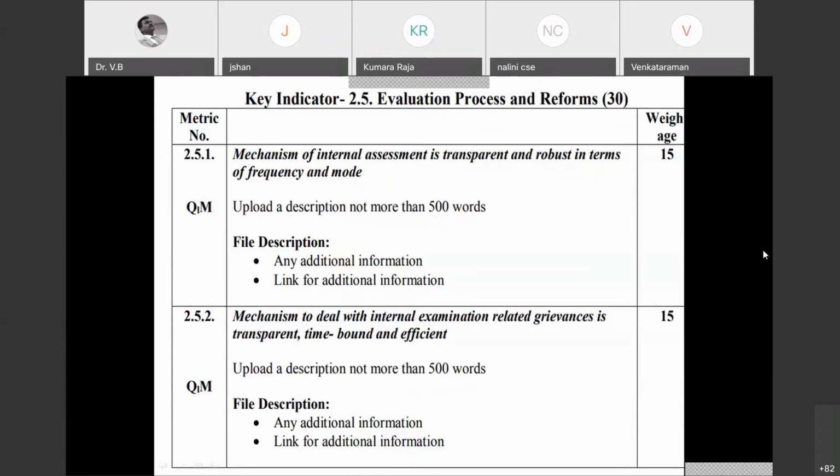And if the grievance has been addressed and the student is now convinced that the evaluation process was correct, then the record of the meeting in which the mentor, the subject teacher or the HOD addressed that problem should be added over here.